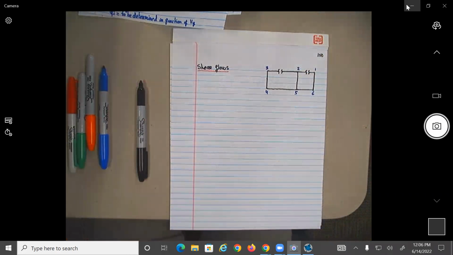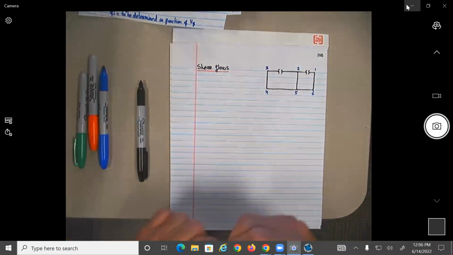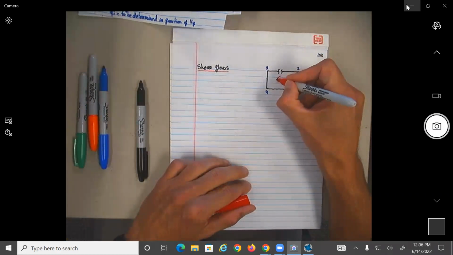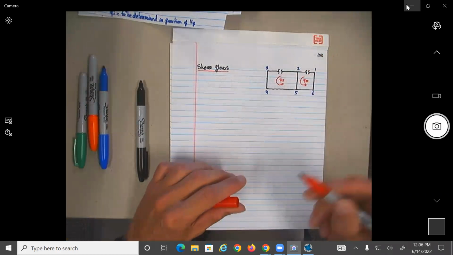Let's say this will be our cell 1. So I'm going to call it here Q sub 1, and this will be Q sub 2.